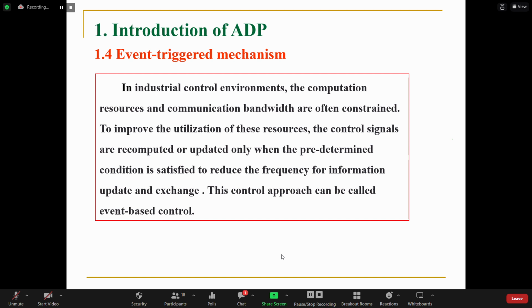This control approach can be called event-based control. Compared with the classic time-based mechanism, the event-triggered mechanism can obviously mitigate the consumption of computation and communication with little effect on system performance. Hence, the event-based control has attracted considerable attention.